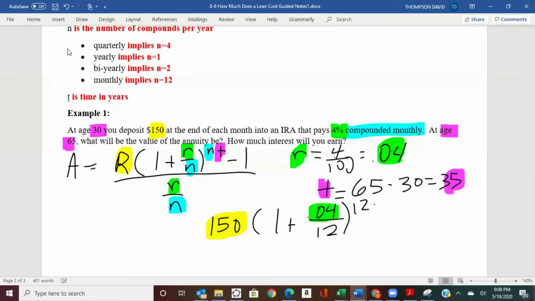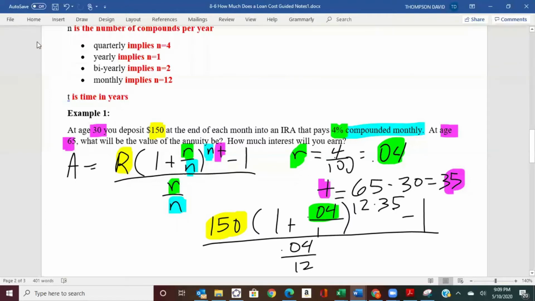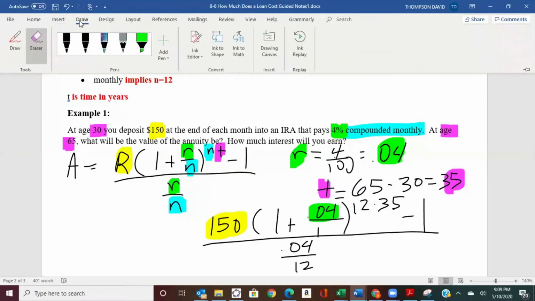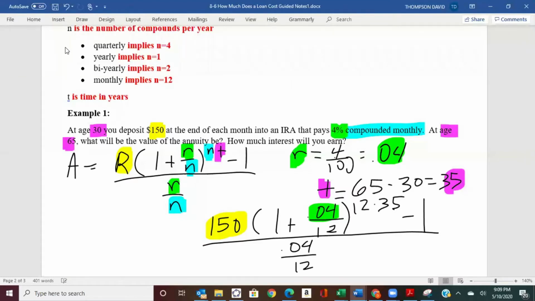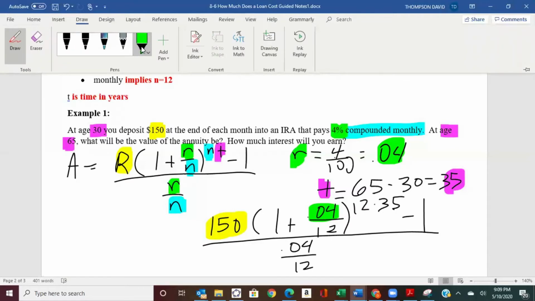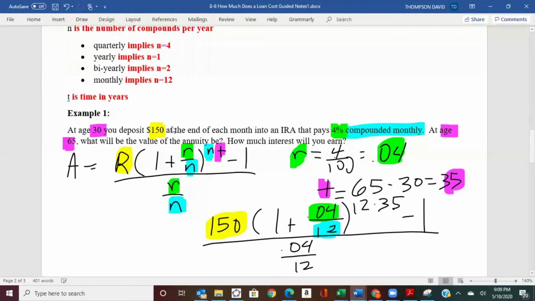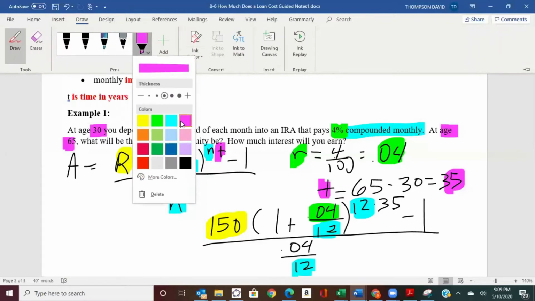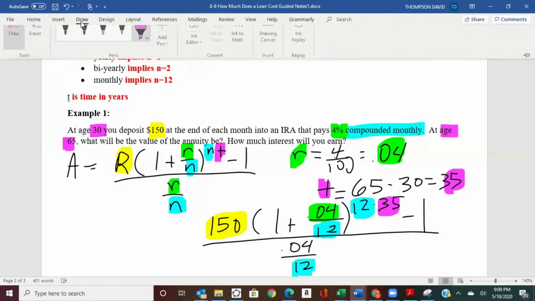So 12 times 35 years, minus 1, all that over 0.04 divided by 12. 35 in pink, and then just the 0.04 in green.